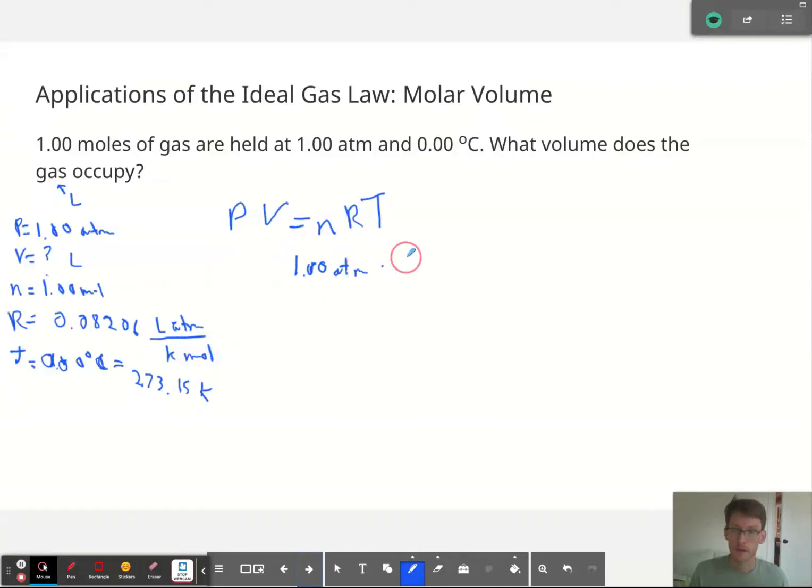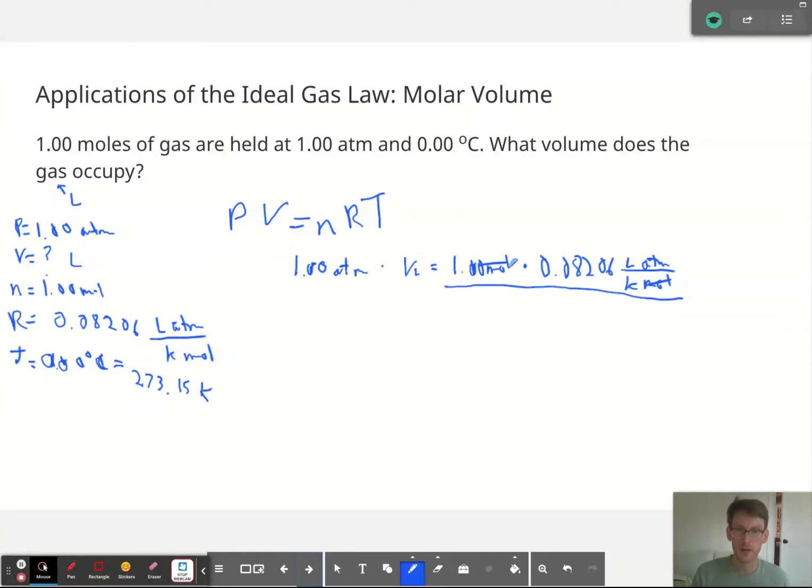So if we put in our pressure of 1.00 atmospheres times V liters, that's equal to 1.00 moles times 0.08206 liters atmospheres over Kelvin moles. Notice the moles and the moles cancel out.